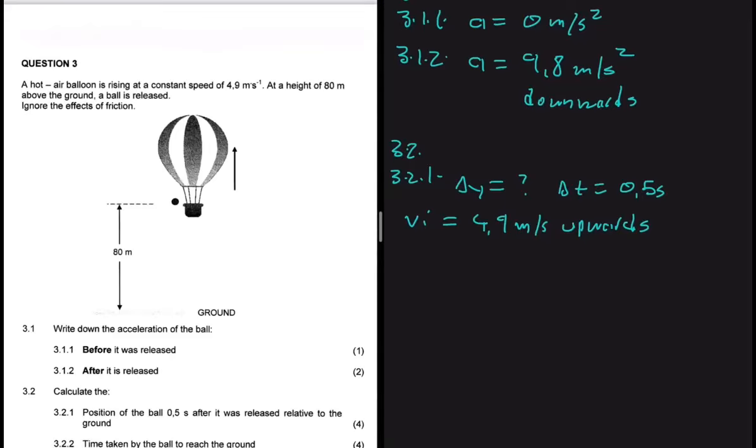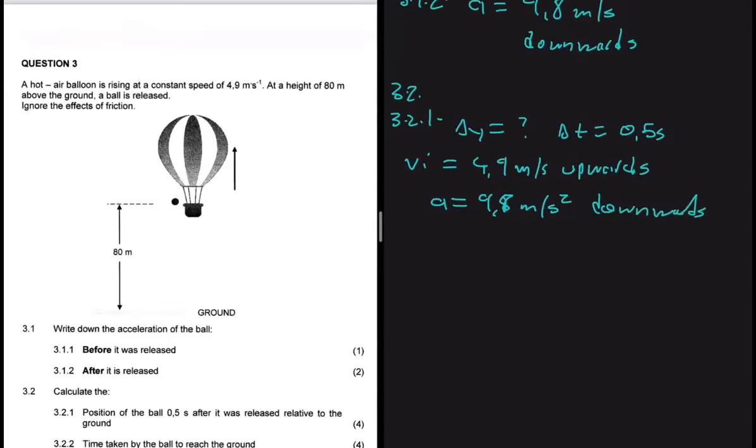Let's look at the other information we have. We always know that acceleration will be 9.8 meters per second squared downwards, right? So now, looking at this information we have, which equation can we use to find delta y? We can obviously say that delta y is equal to vi multiplied by delta t plus a half a delta t squared, right?